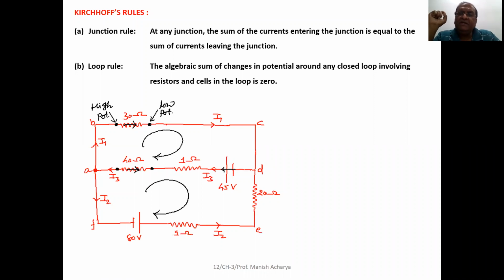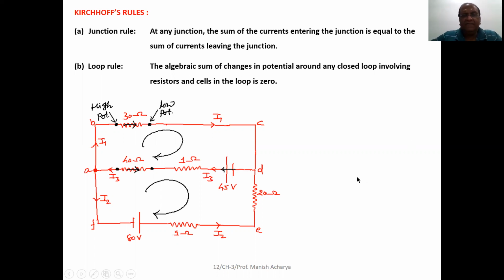Which point in the network is called a junction? The point or the terminal in the network where more than two components of the circuit are connected is known as a junction. And when a closed circuit is formed by connecting the components, then it is known as a loop.